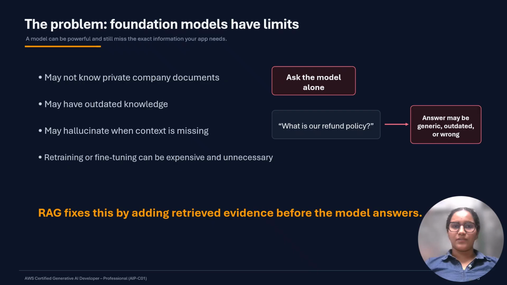For example, if a customer asks about the company's latest refund policy, the model might give a generic answer unless the correct policy document is provided. The model may also make up details if it tries to answer without information. RAG helps by retrieving the relevant document's content first, then giving that content to the model so the answer is more grounded.